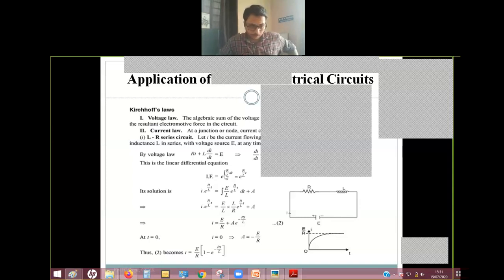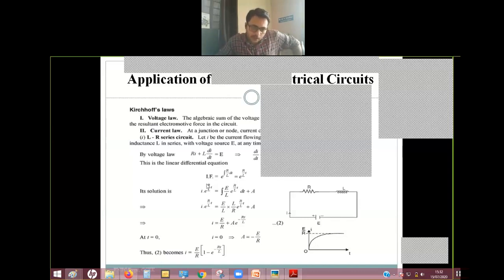Obviously R and L are constant here, that's why e raised to Rt by L will be the integrating factor. Are you getting this till now? E raised to Rt by L will be the integrating factor.